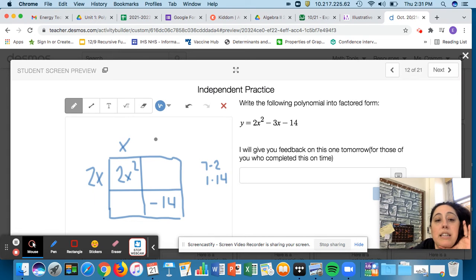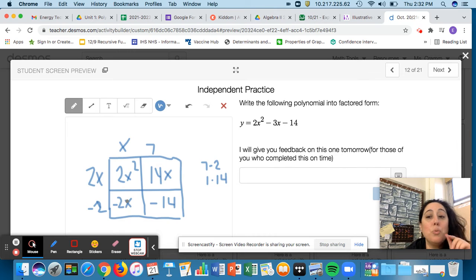So let me try, I don't know, 7 and negative 2. Okay, so I know one of them has to be a negative, and negative 2 times 7 is negative 14. Okay, that works. So now 2x times 7 is 14x. Okay, negative 2 times x is negative 2x. So 14x minus 2x gives me 12x, not the negative 3 I need.